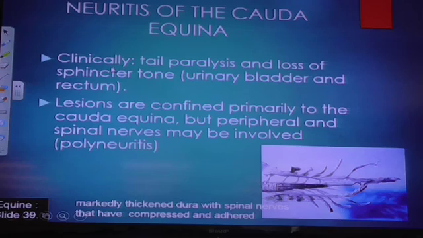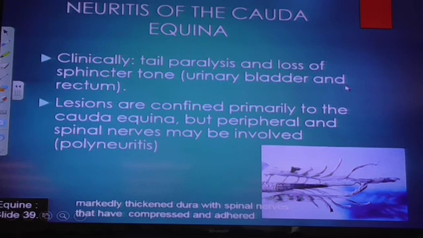So these horses typically present with tail paralysis and loss of sphincter tone. It doesn't have to be horses, it can be other animals, but we typically associate it with an equine species. So when you have sphincter tone loss, usually you have loss of control of the urinary bladder and rectum.